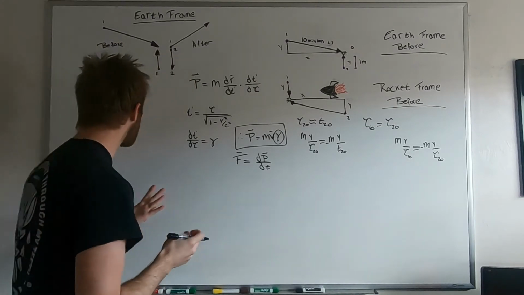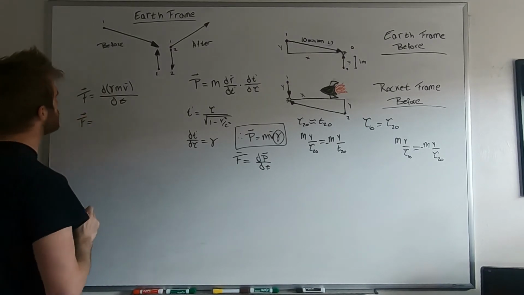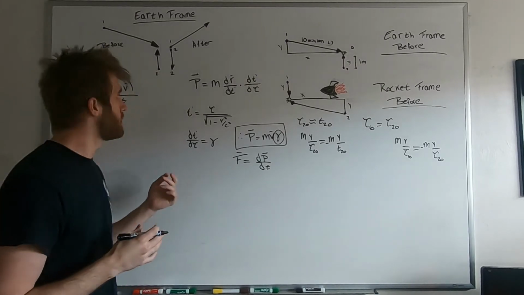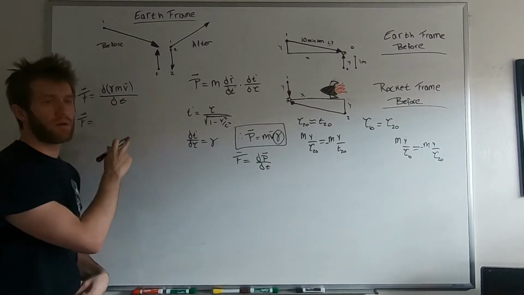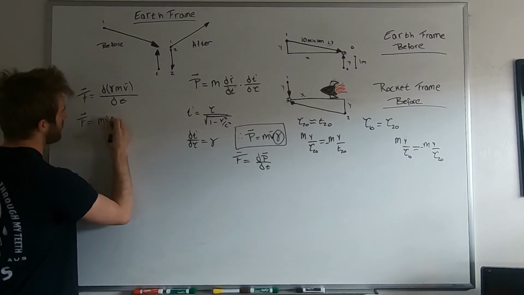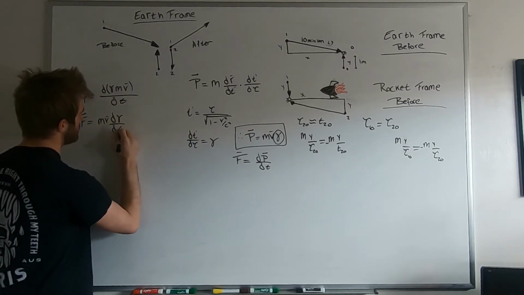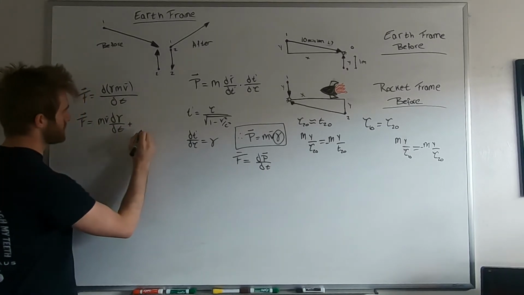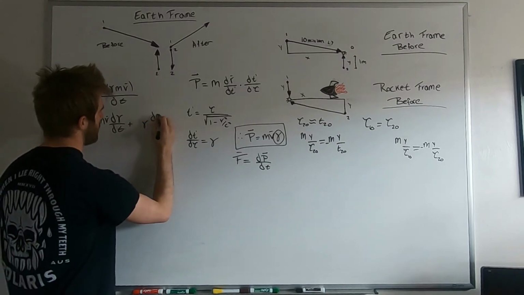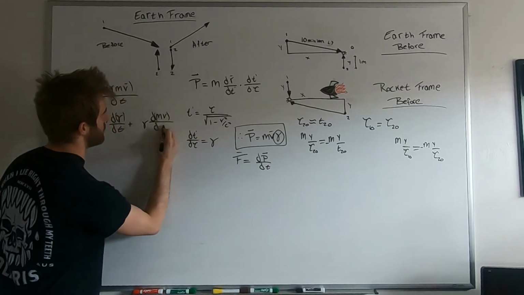We just need to use a little bit of product rule and a little bit of chain rule. So our force is equal to the mass times velocity times the derivative of our gamma factor, so mv times d gamma over dt, plus our gamma factor times d mv over dt.